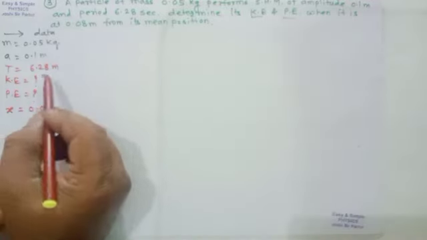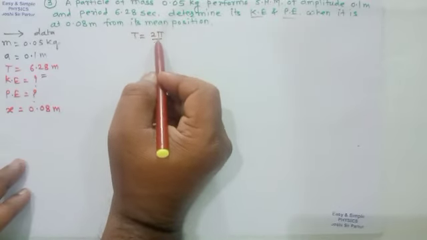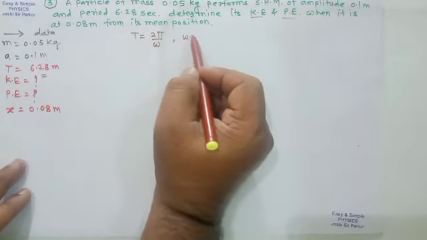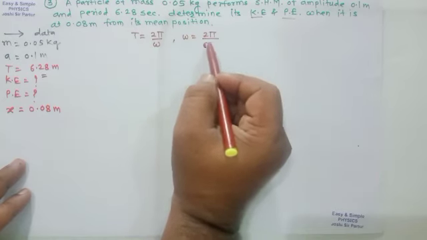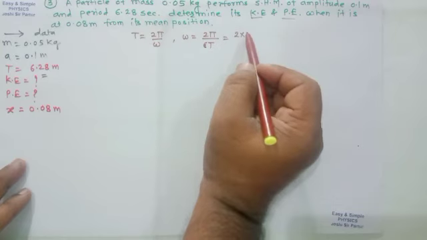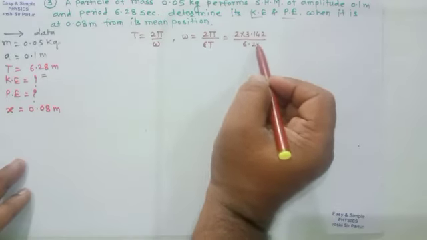So first, here time period is given. So by using the formula T equal to 2 pi upon omega, we can find omega equal to 2 pi upon time period. So 2 into 3.142 upon 6.28.